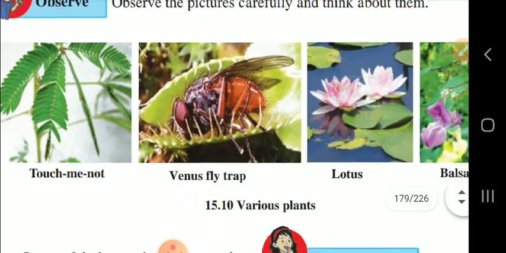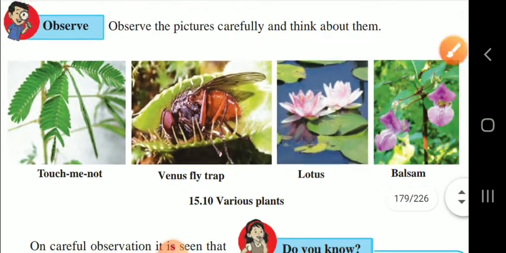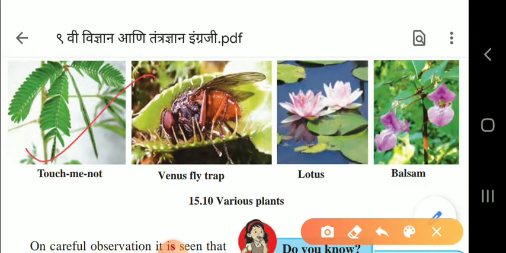Here you can see, children, touch-me-not. This is the Venus flytrap. That means when any insect comes, it closes and traps the insect. This is lotus, how they blossom. This is the balsam flower.